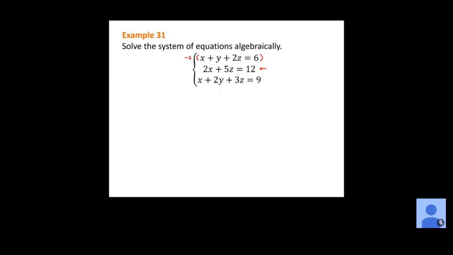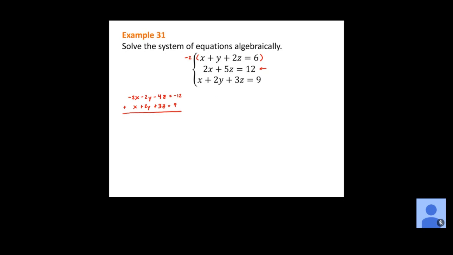That way we get a -2y to cancel out with the +2y at the bottom. So now we're going to have -2x minus 2y minus 4z equals -12. Keep your bottom equation the same. X plus 2y plus 3z equals 9. Now we add.